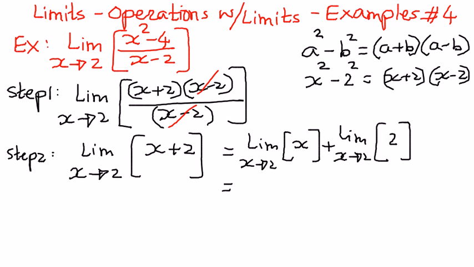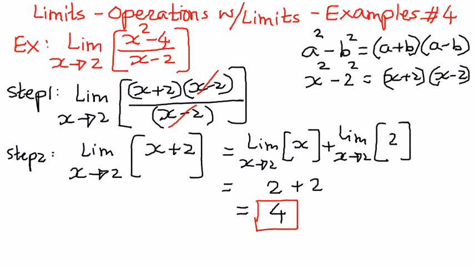When we simplify this, for the limit of x as x approaches 2, we substitute x equal to 2, and the limit of the constant 2 is equal to 2, and therefore the value is equal to 4. So the limit of (x squared minus 4) divided by (x minus 2) as x approaches 2 is equal to positive 4.